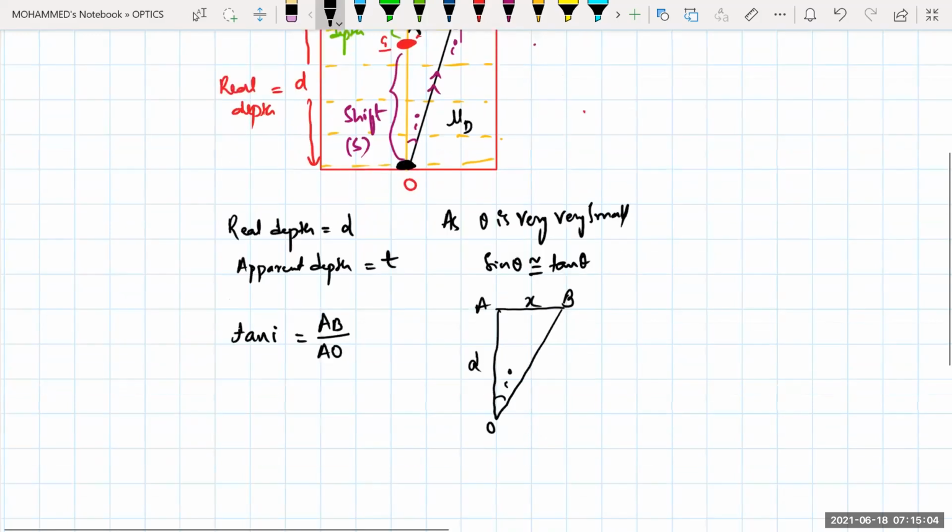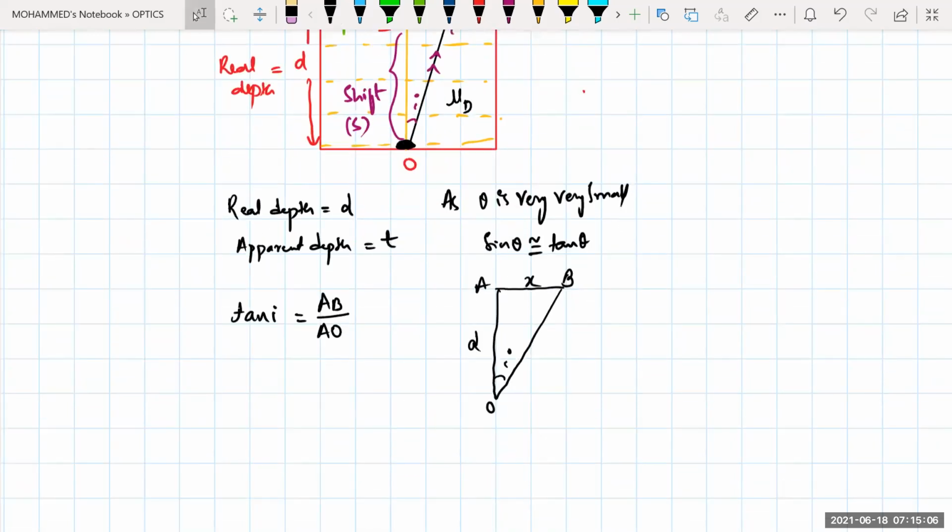Now tan theta is equal to AB by AO. AB I don't know, so I'll keep it as x. A to O is the depth D. That means I can write tan I is equal to x divided by D.